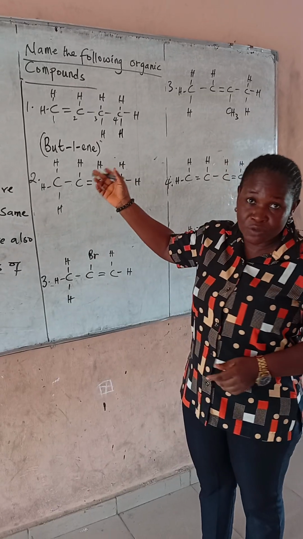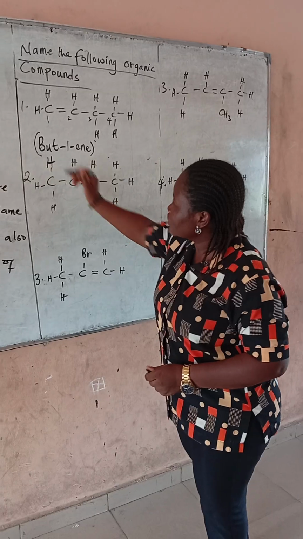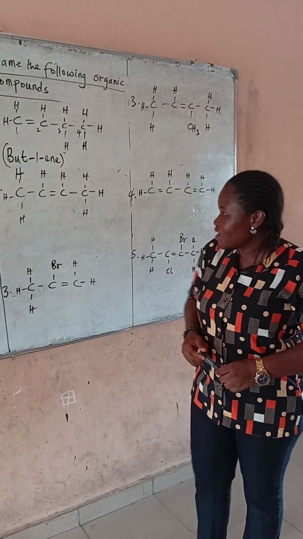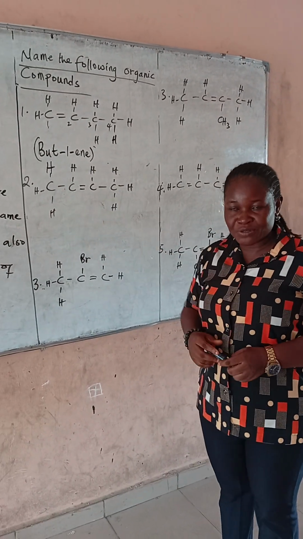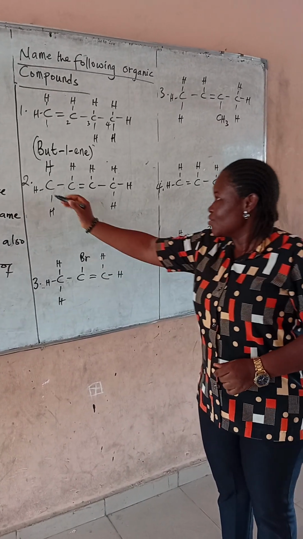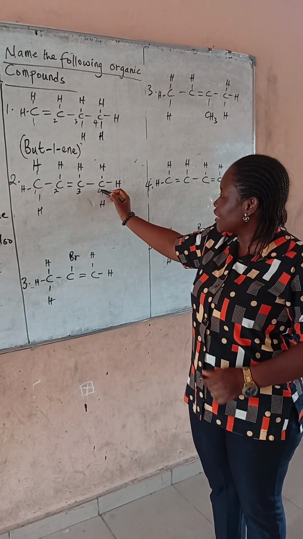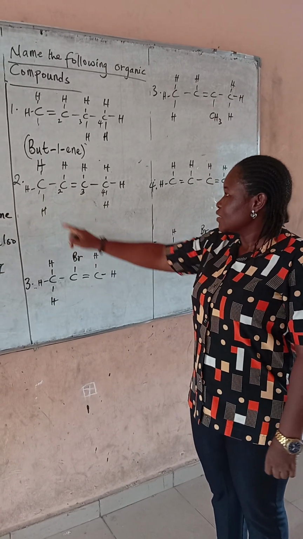Alright, are you following? Now the second one. This is the second structure. Okay, we still have 4 carbon atoms. We can start anywhere to number. We can start here, 1, 2, 3, and 4.